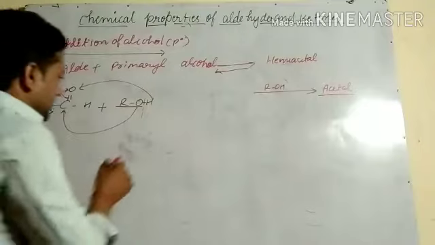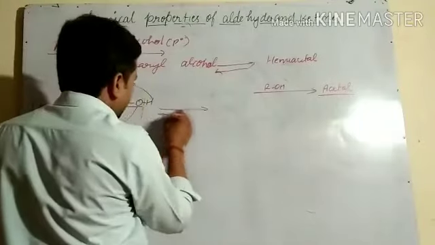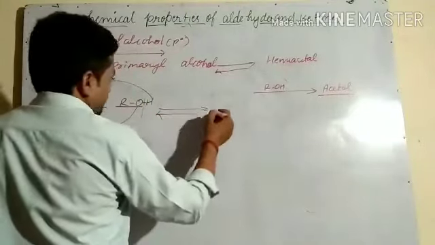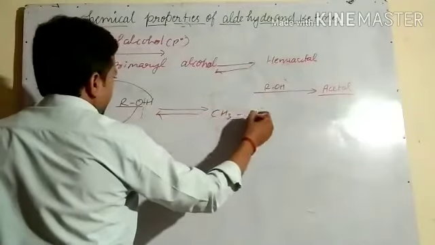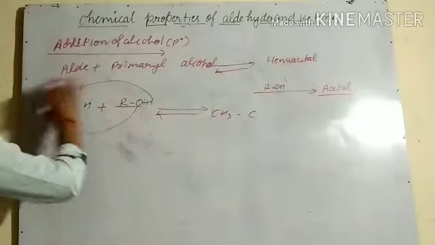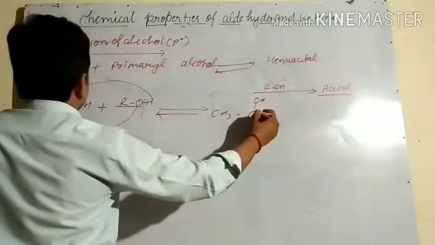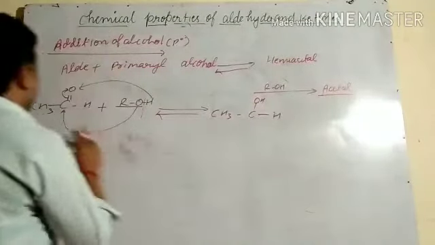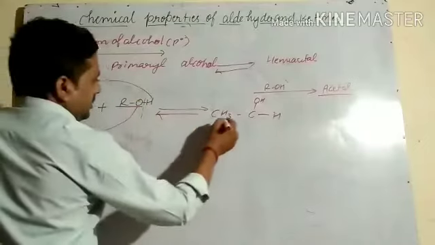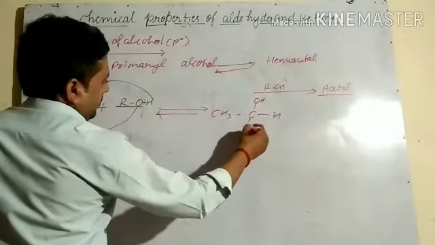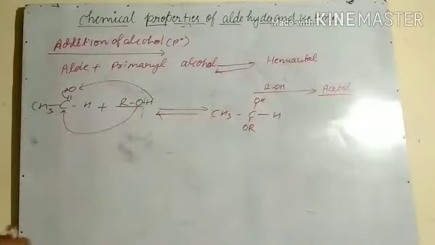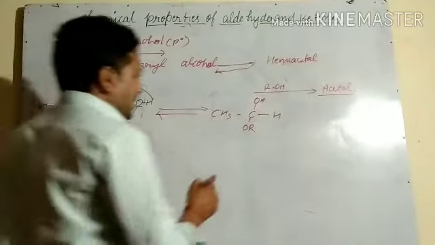So what is this? Let us see. This is CH3, and what we have added here? H, so OH plus H, and what we have added here? OR. Okay, so it is called what?